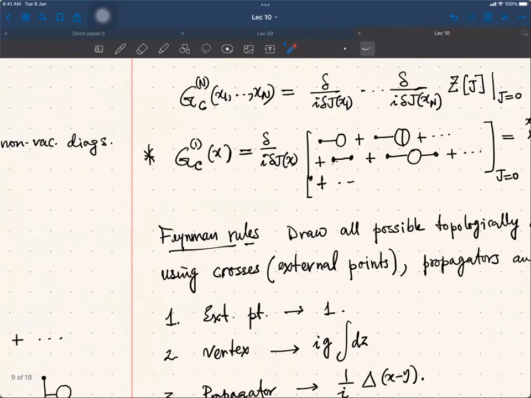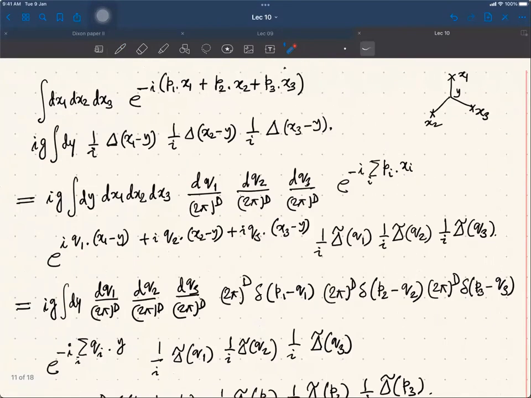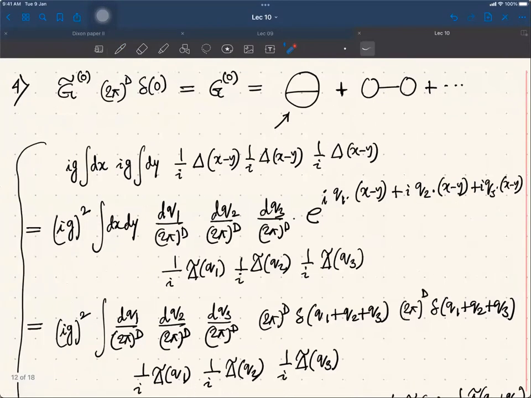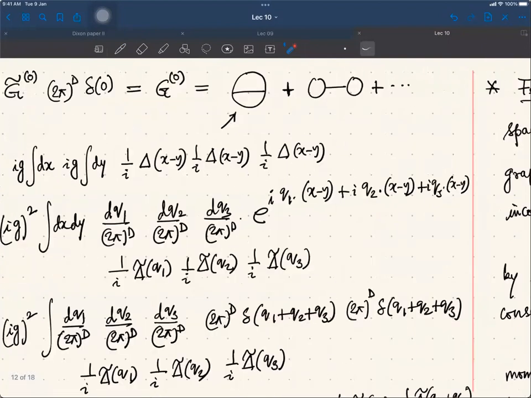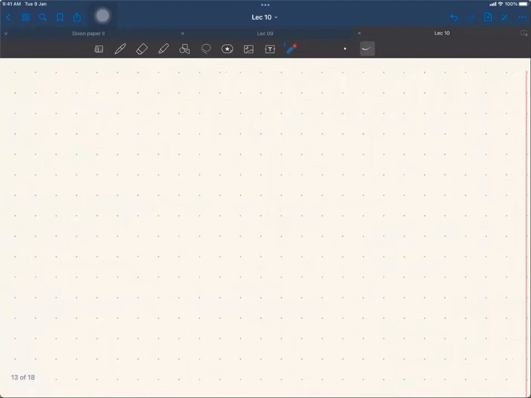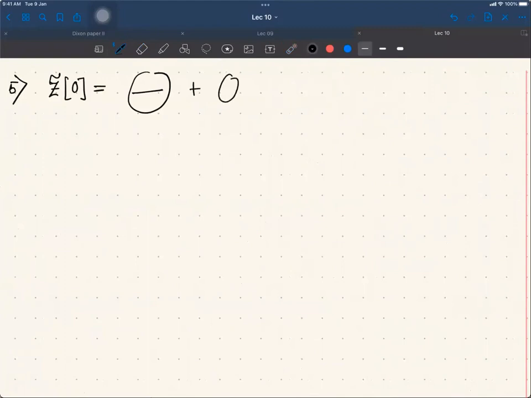So what we are calculating is Z tilde 0. This is calculation 5. Z tilde 0 is given by this diagram plus this diagram and so on.